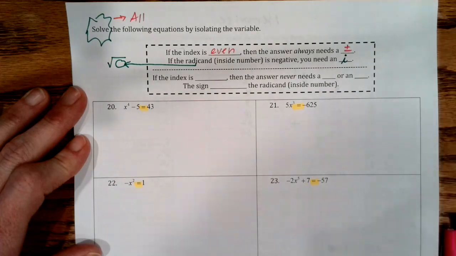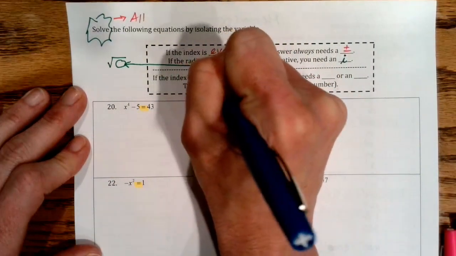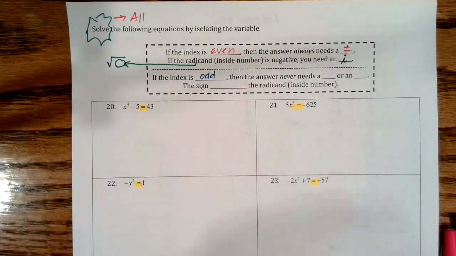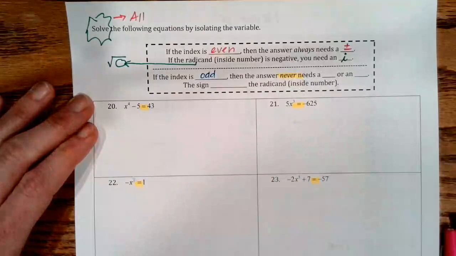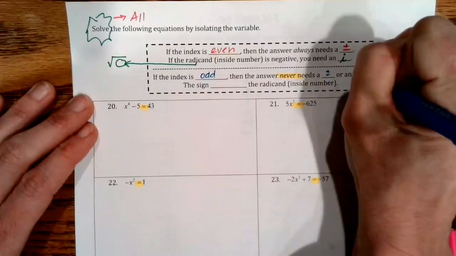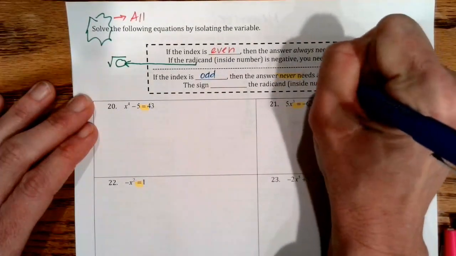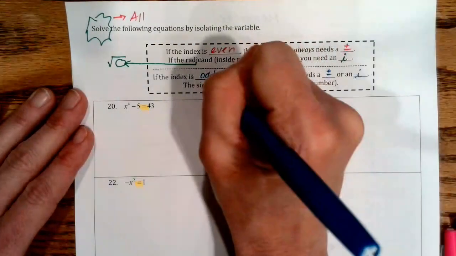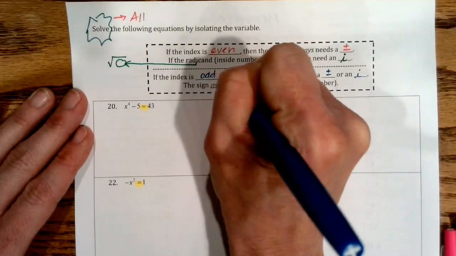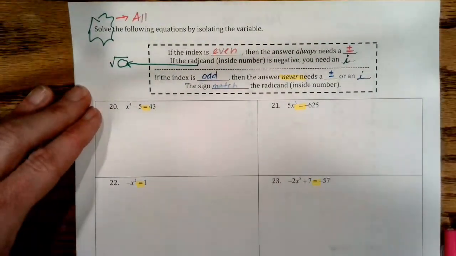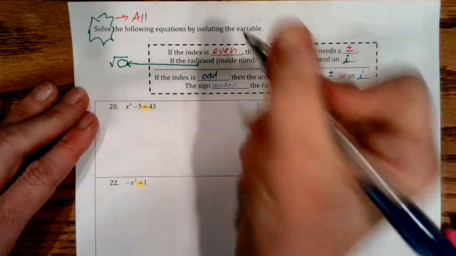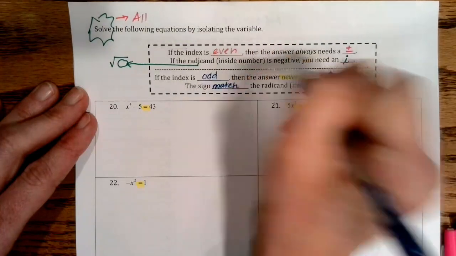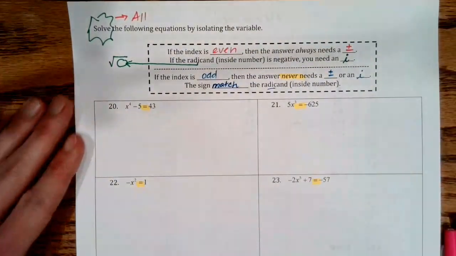If the index is odd, that means that the answer never, and this is important, never needs a plus minus or an i. And the sign of the radicand, your sign is always going to match the radicand. That's the inside number.